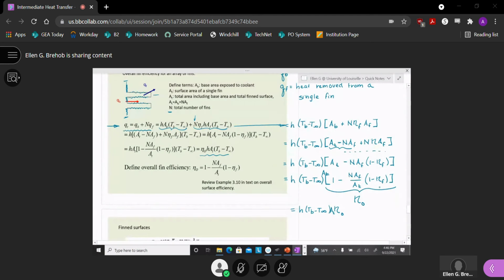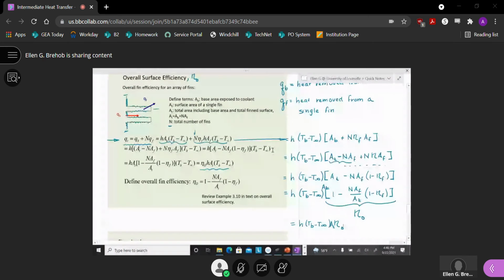Okay. So if I was thinking globally, or I don't know, physically, that's a better word, for what this overall surface efficiency is, is you're trying to weight it. The base, right, this area that I keep scribbling blue on top of, that has an efficiency of 1. It's at the base temperature, so it's got the most heat removal rate.